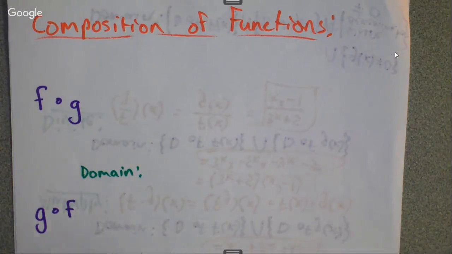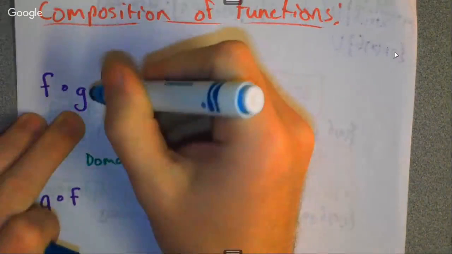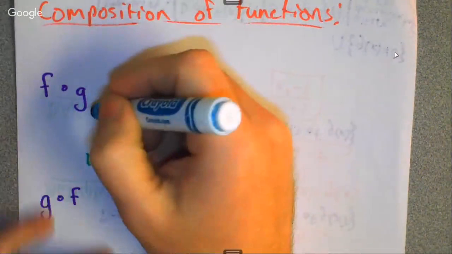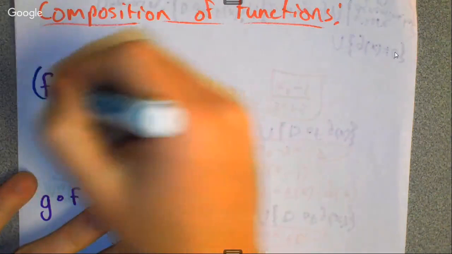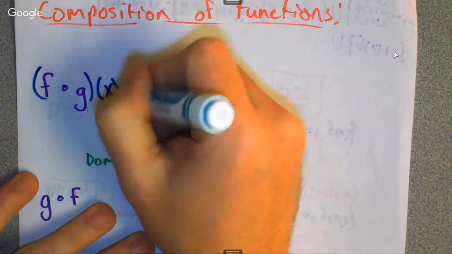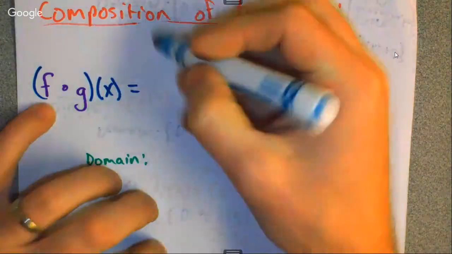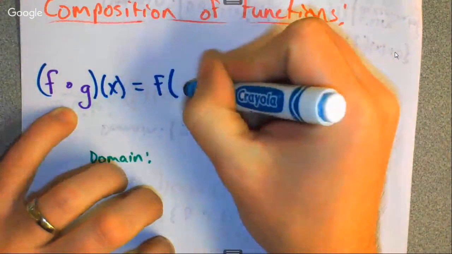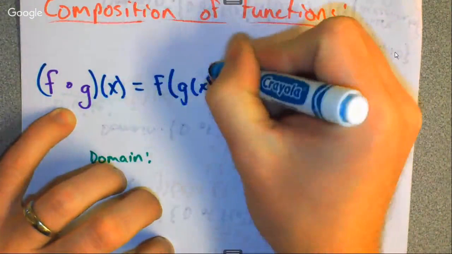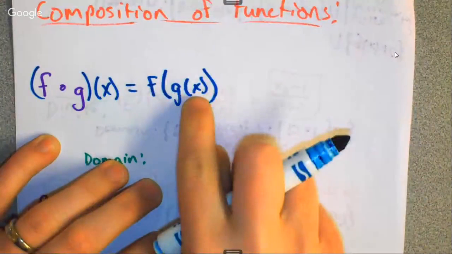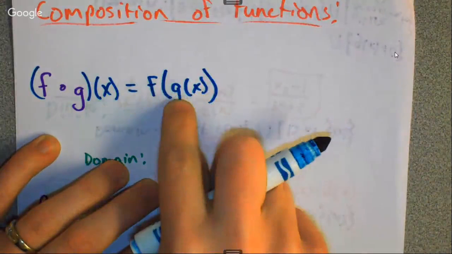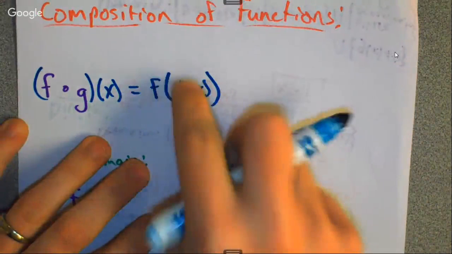That's how you read that. Sometimes I'll put an x on there as well, so it'll be f of g of x. What that is telling you is you're taking x and plugging it into g, then you're going to take that result and plug it into f.